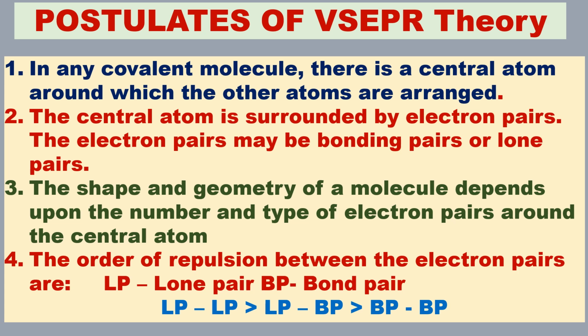Let us discuss the postulates of VSEPR theory. What are the important postulates? In any covalent molecule, there is a central atom. For example, in the methane molecule, CH4, the central atom is carbon, around which the other atoms are arranged.